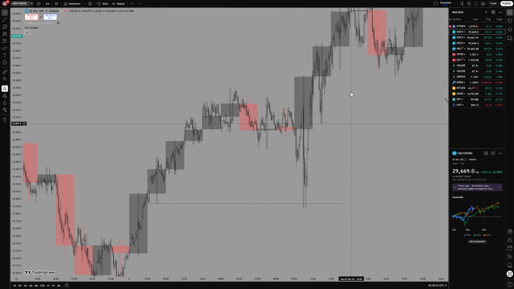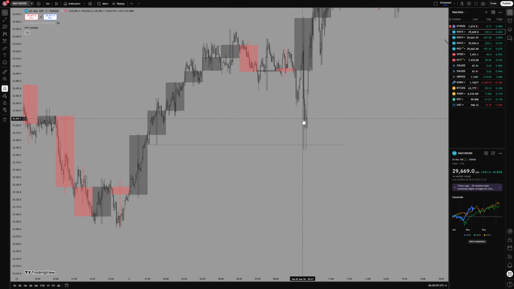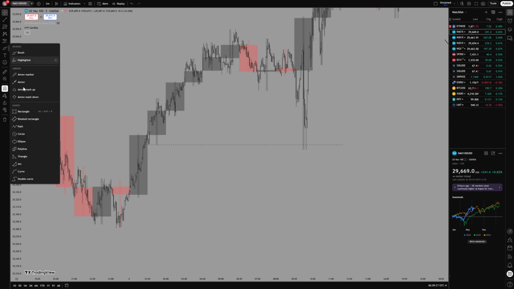Accumulation. Manipulation. Now, where are we manipulating? We have this low right here. A low, low, low, another low, another low, another low, another low, and multiple equal lows. Which one are we targeting, Androgen? And it's simple. Where is our internal range liquidity?